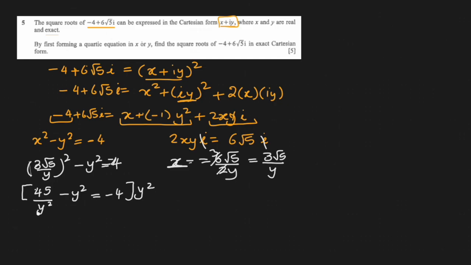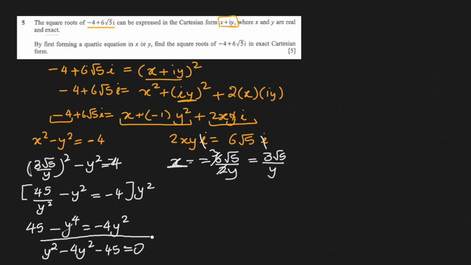So when 45 over y square is multiplied with y square, we are left with just 45. When y square is multiplied with y square, we get y to the power 4, minus y to the power 4 equal to minus 4y square. And let's arrange this now. Y square, I'll take to the other side, minus 4y square will remain, but this 45 will also become negative, 45 is equal to 0. This is the quartic equation they were asking for, in terms of x or y. So we got it in terms of y.